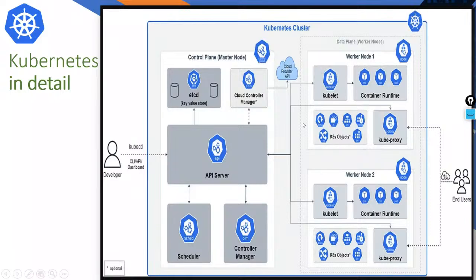Any question? So let's say there is a simple cluster of one master and two nodes. You can have one master and 100 nodes, or you can have 10 masters and 1,000 nodes, if that is a big cluster. But if you learn an architecture of one master and two nodes, that is more than enough.